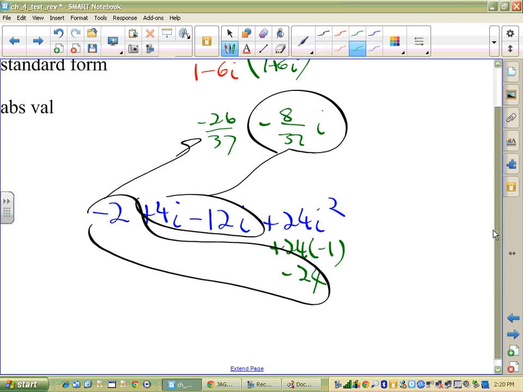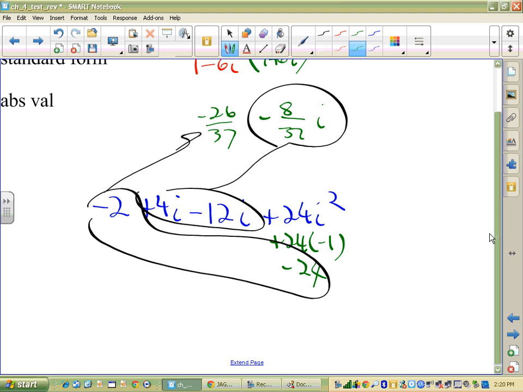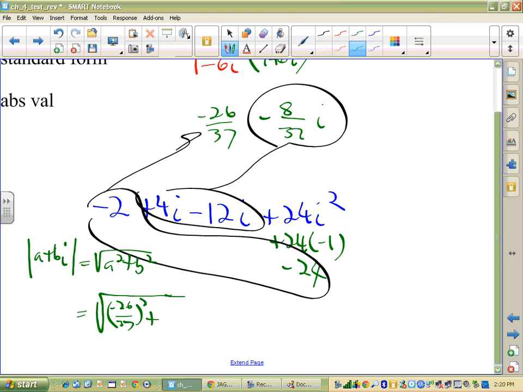Here we go. The absolute value. The absolute value of a plus bi is the square root of a squared plus b squared, right? So this is the square root of negative 26/37 squared plus negative 8/37 squared.